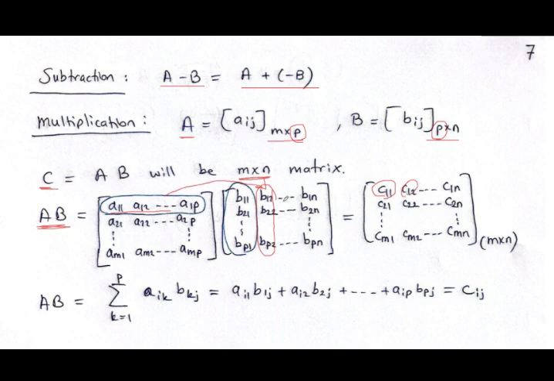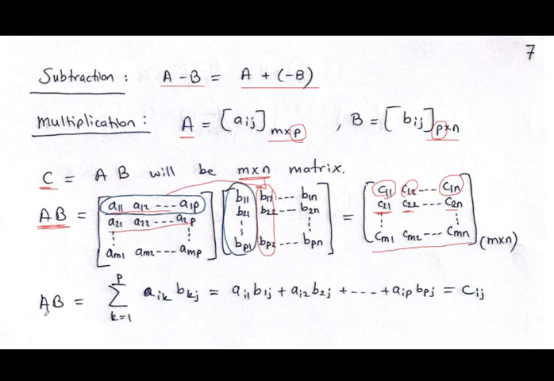And then I will move on all the way until the last column. So I will multiply the first row with the last column of the second matrix, and that's going to give me C1n. And then you will move on to the second row, multiply with the columns of the second matrix, and fill these C21, C22, and C2n values. You need to continue row by row all the way until you complete the m number of rows.